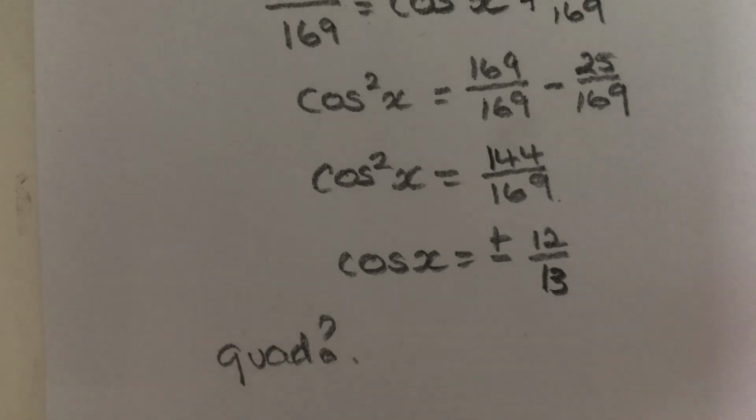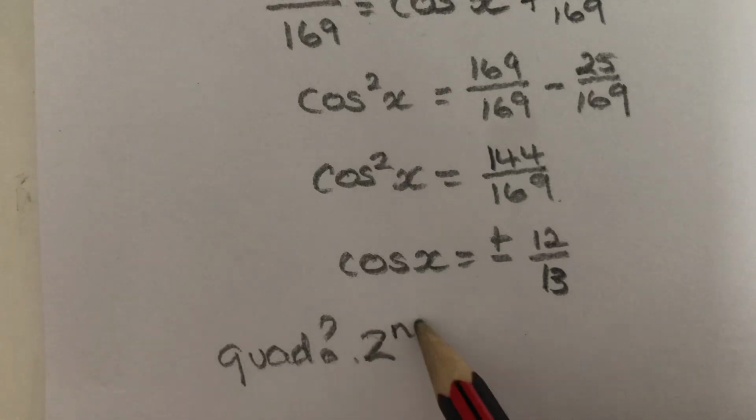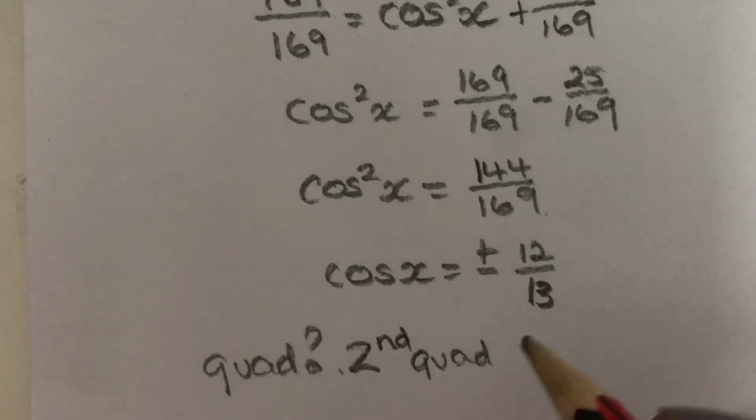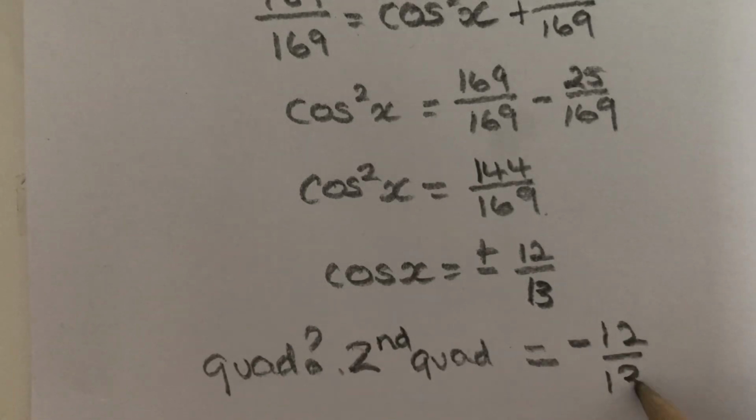Okay, hopefully you got plus or minus 12/13. Then if you have a look in the quadrants, you should see that it is in the second quadrant, where cos is negative. So your answer is going to be negative 12 over 13.